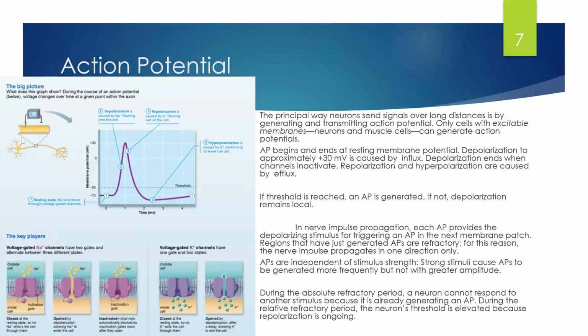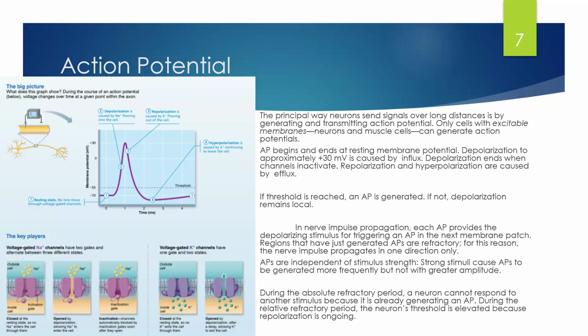So when we talk about being local or staying local, it's restricted to the area of the dendrite in which the stimulus was applied. So we have three types of local graded potentials. We have, like I said, local, restricted to the area of the dendrite in which the stimulus was applied.